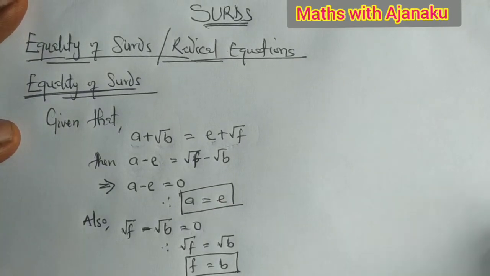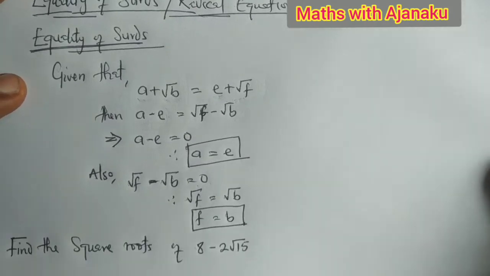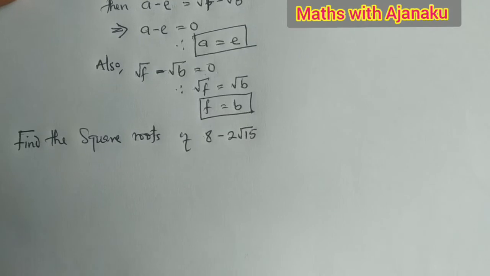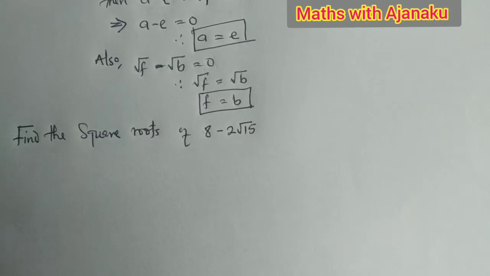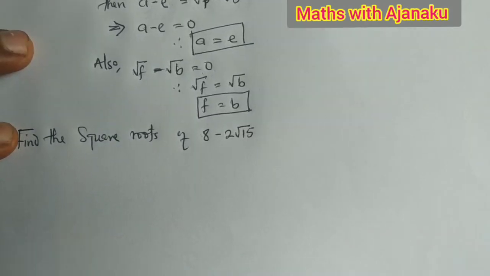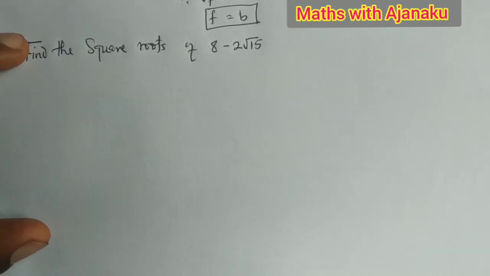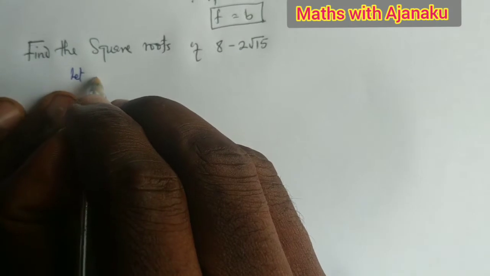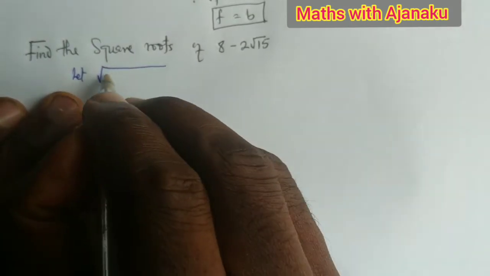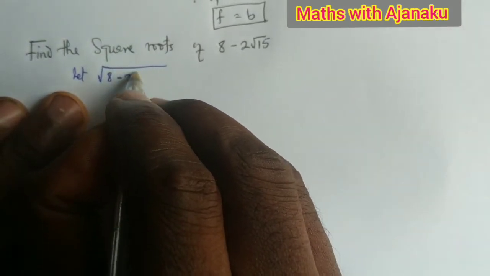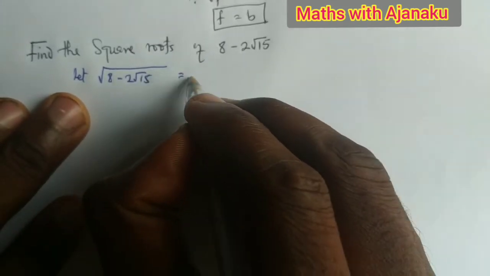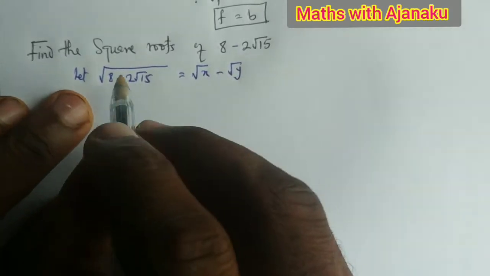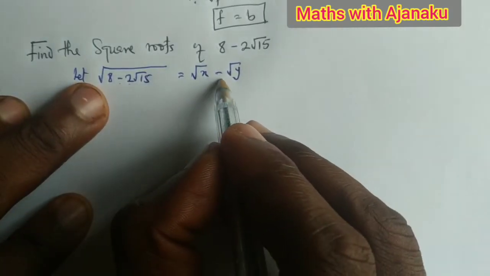The application of this can be seen in this question. Find the square root of 8 minus 2 root 15. To do this, let's assume the square root of 8 minus 2 root 15 to be equal to root x minus root y, because I have minus in between the terms here, so I'm using minus here.